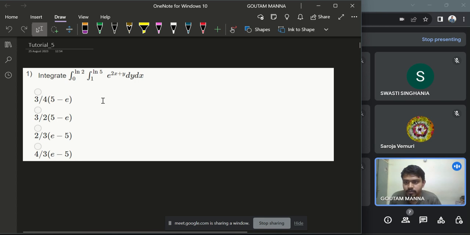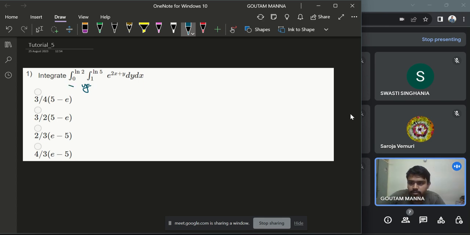First one, we are asked to calculate the integral of e to the power 2x plus y dy dx, where y is going from 1 to ln 5, and x is going from 0 to ln 2.